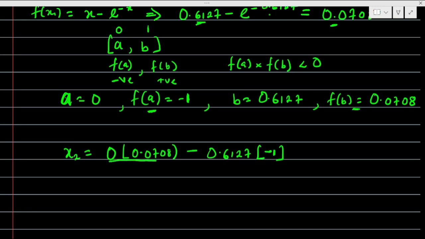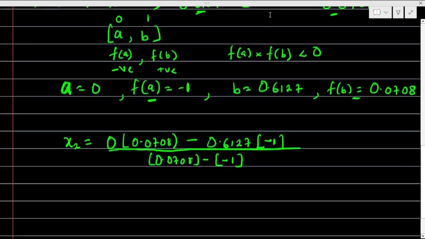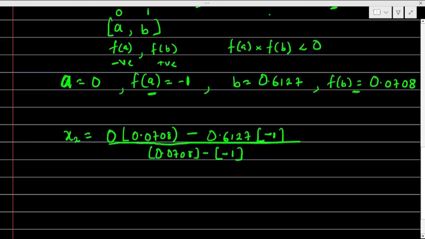All over f of b, which is 0.0708, minus f of a, which is -1. And when we punch this on our calculator, our x2 should give us 0.5724, right? So we have our x2.